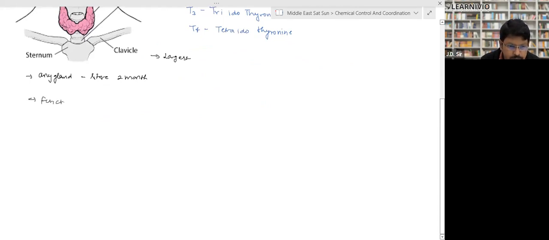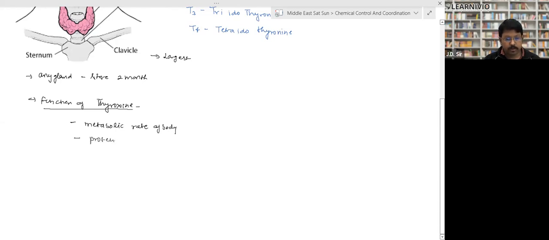Put a small heading, function of thyroxine, and put the points in the form of bullets. First, it regulates the metabolic rate of the body. Next, it stimulates protein synthesis.